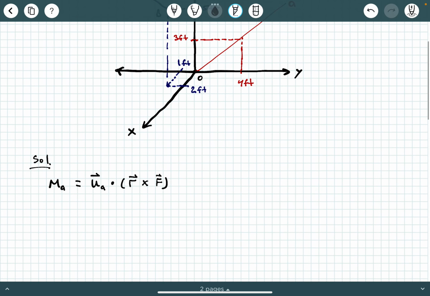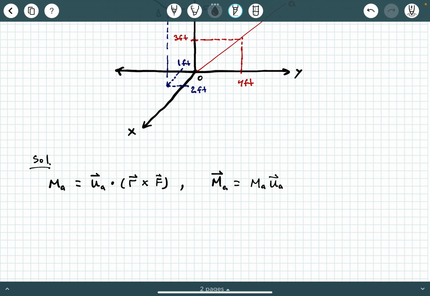Now, the problem says express this as a Cartesian vector. So how do we express this moment magnitude as a Cartesian vector? Well, I'm going to put a comma here, and I'm going to say, if I just want the Cartesian vector of the moment about that A axis, I'm going to take that magnitude M sub A and just do a regular multiplication by u sub A. That will give me the Cartesian vector M sub A. I accidentally put some magnitude bars here, but we already have the magnitude.